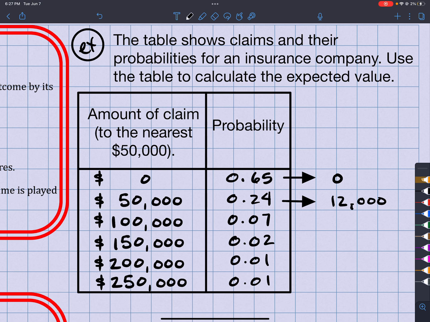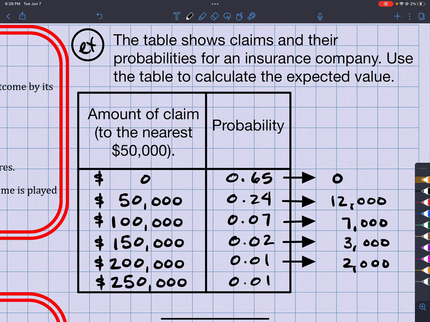And then the 100,000 times the 0.07, and that's going to be 7,000. The 150,000 times 0.02, and that's going to be 3,000. 0.01, that should be 2,000.